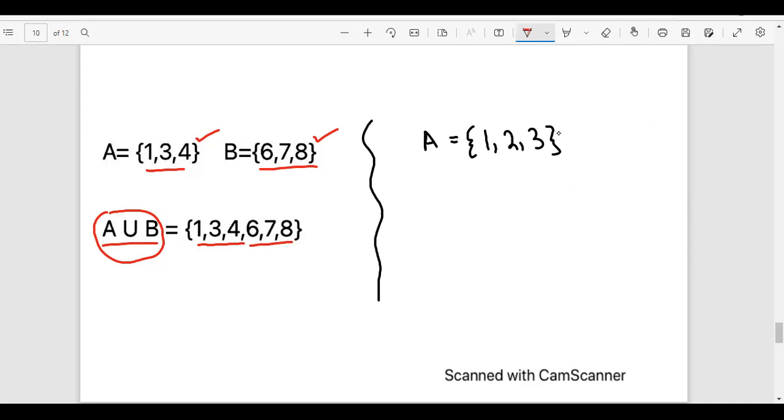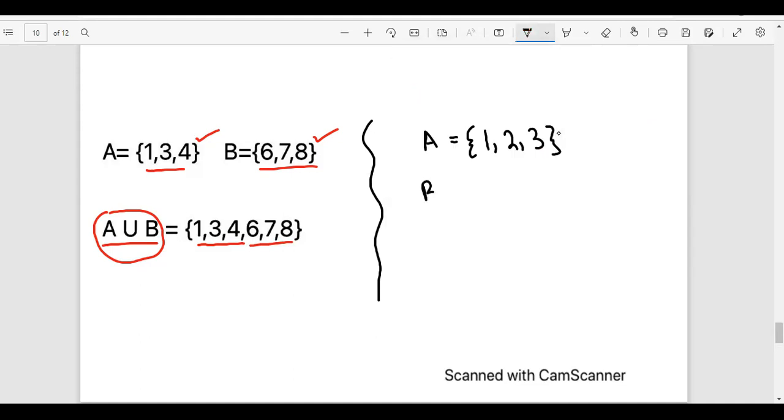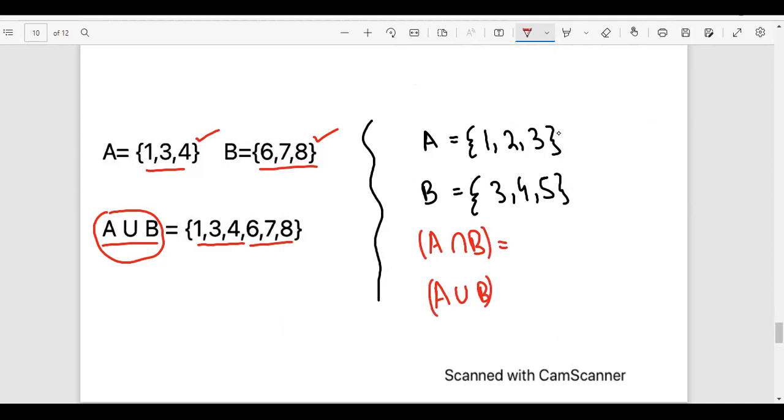Okay, now imagine we have set B as 3, 4, and 5. Yes, please write down A intersection B and A union B. You can either just tell me or unmute.